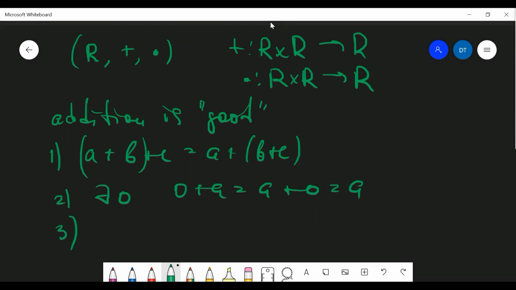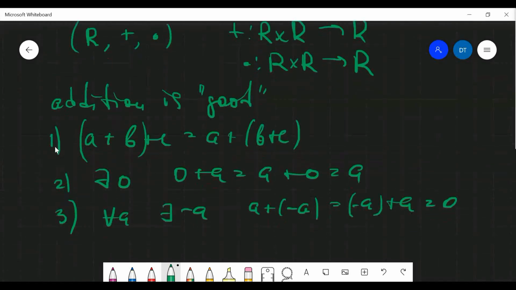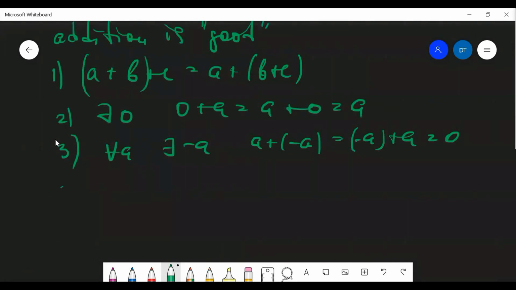Then each element must be invertible with respect to addition, which means that for every element a, there must exist an element minus a, such that a plus minus a equals minus a plus a equals 0, and the addition must be commutative. So that was the pack of axioms where I told you that R with addition must be an abelian group.